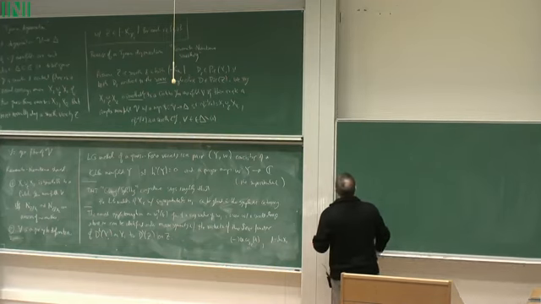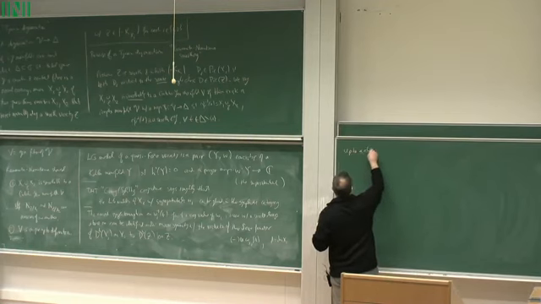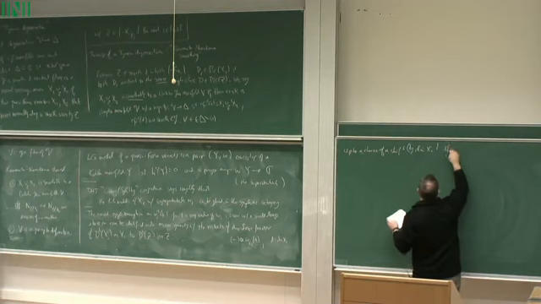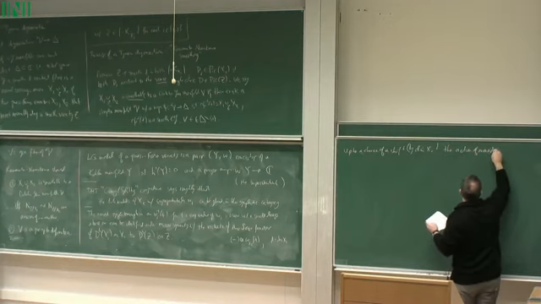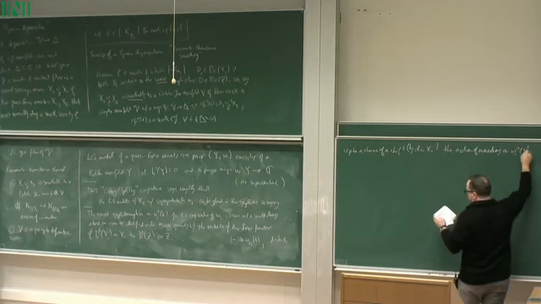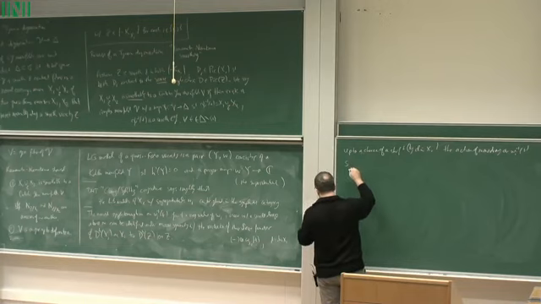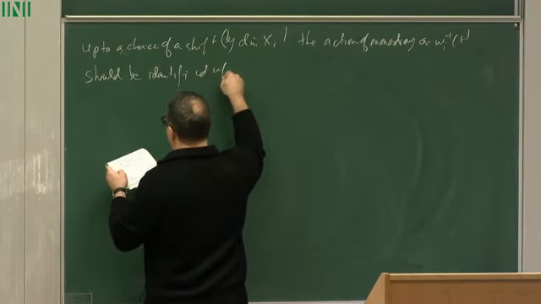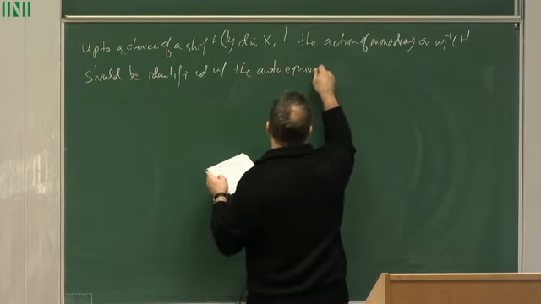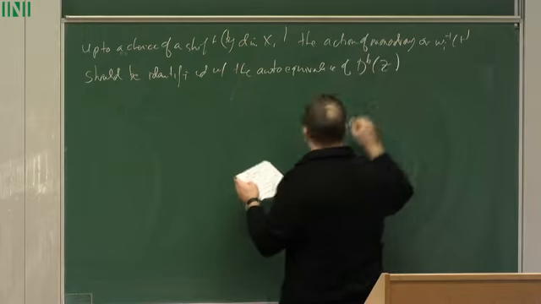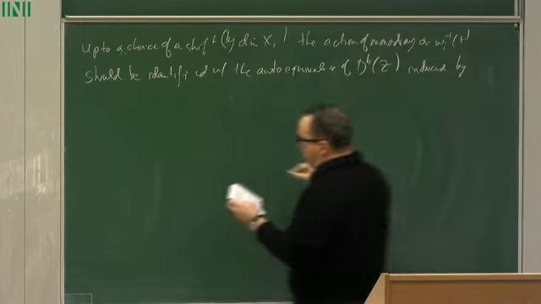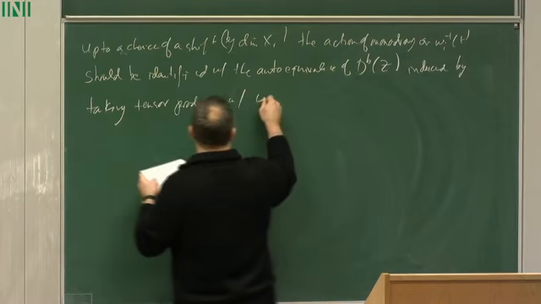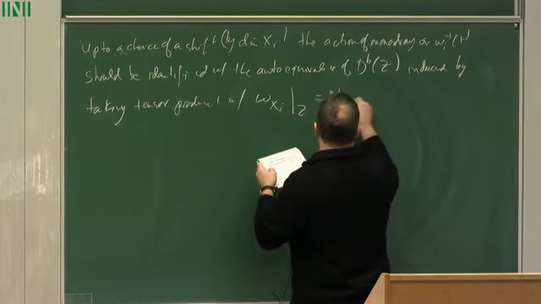So then, up to a choice of a shift by dim xi, the action of monodromy on Wi inverse of t, according to this HMS-style philosophy, should then be identified with the autoequivalence of dBz induced by taking tensor product with omega xi restricted to z, which is in z inverse.